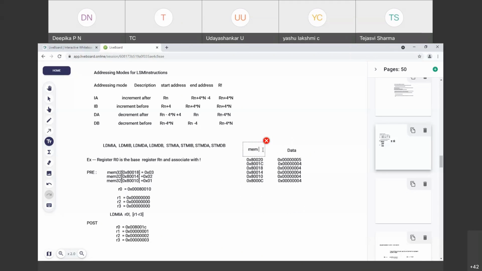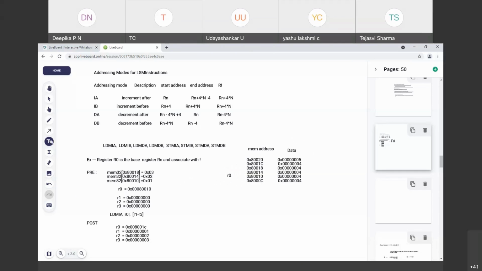Now when we say R0, R0 is the register used in our instruction.